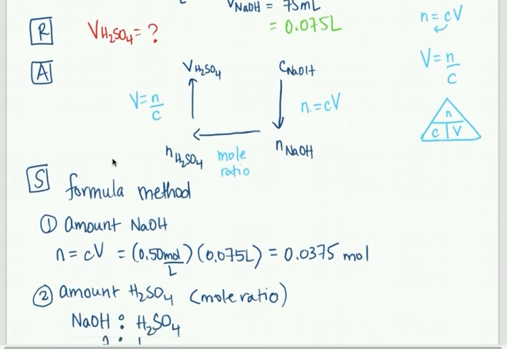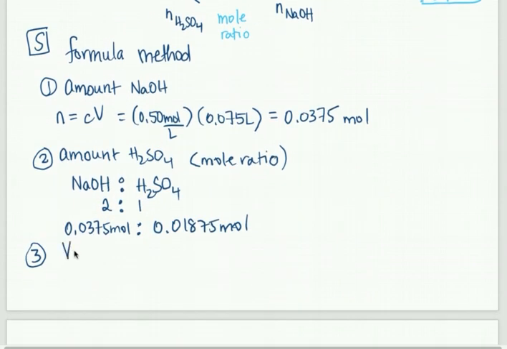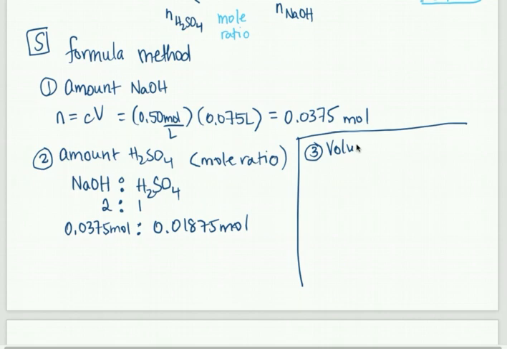Okay, all right, and then our last step here is now we're going up and we need to find the volume this time. Okay, we're going to run out of space. So step 3, we're going to find the volume of sulfuric acid. The formula is to take the amount and divide by the concentration.